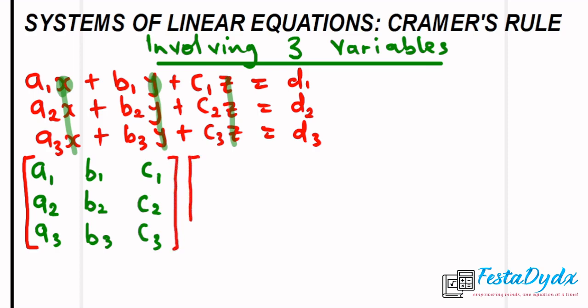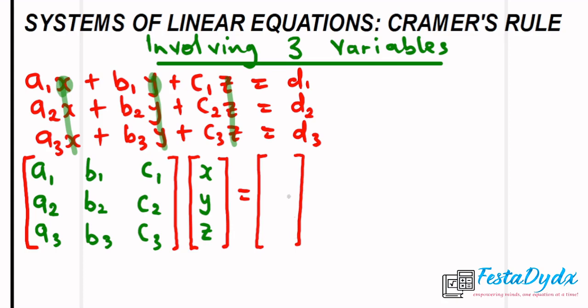Then the unknown variables. What are the unknown variables? The unknown variables are x, y, z. And this equation is equal to d1, d2, d3.